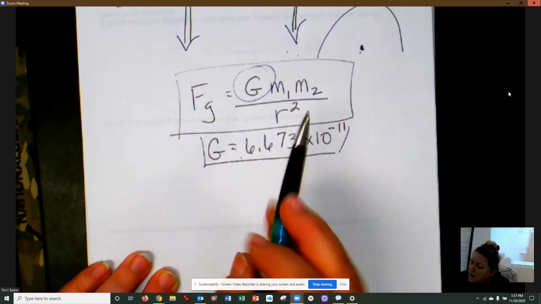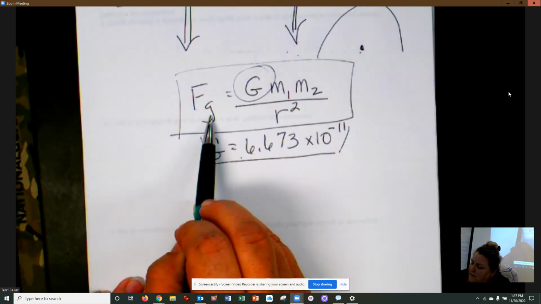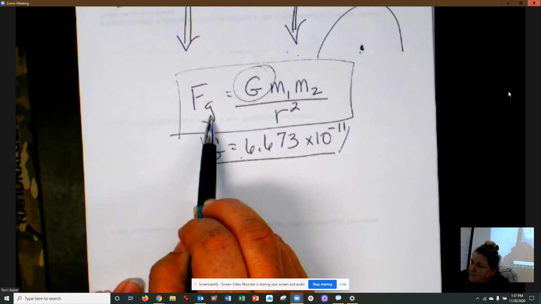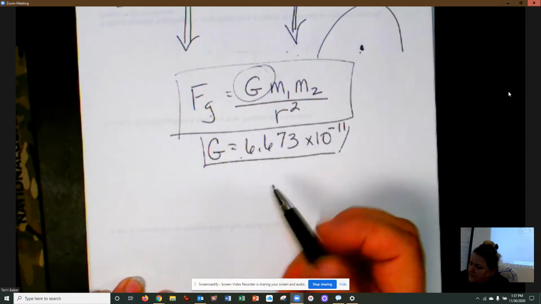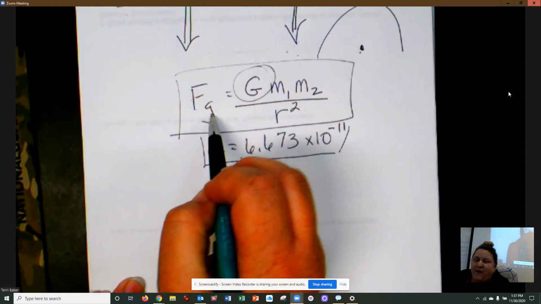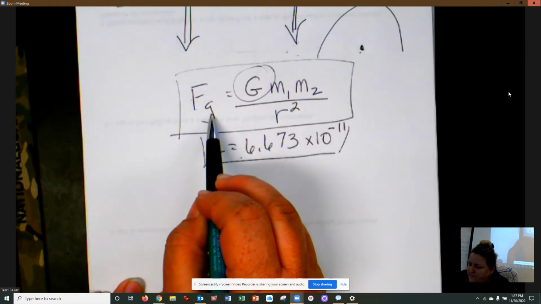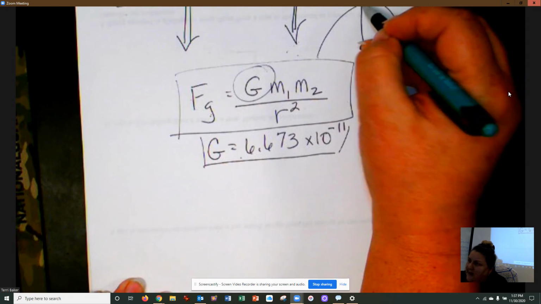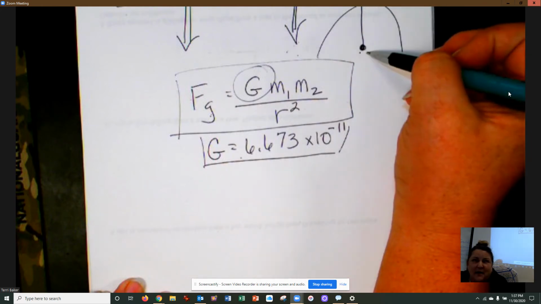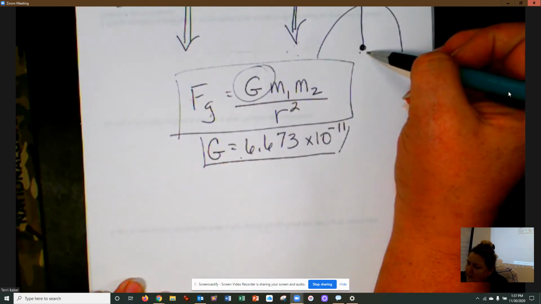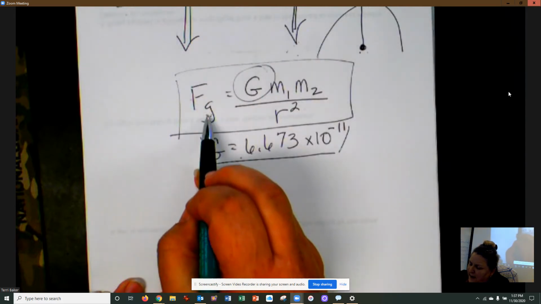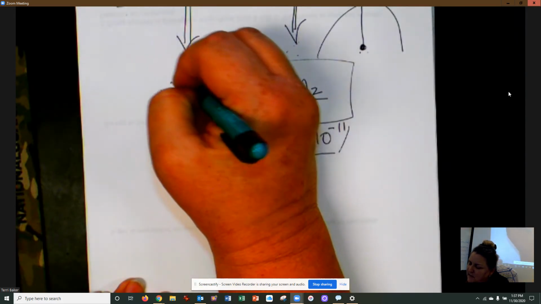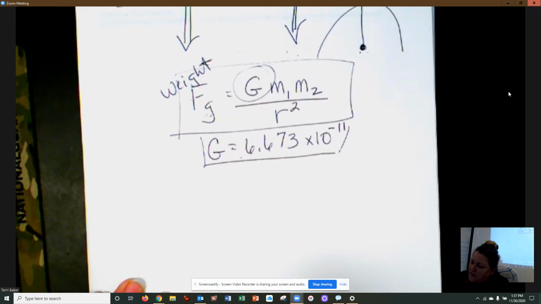Okay, everything else. When we're talking about objects that are not planet size, okay, this is the force of gravity between the two objects. When it's talking about something that is planet size, like a person standing on the surface of Earth, another way to describe this is weight.